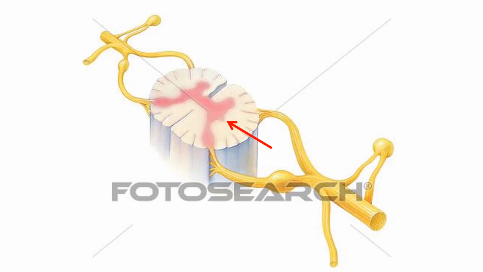The question now is: is this lateral horn present all along the spinal cord? The answer is no. It is present in all thoracic segments of the spinal cord, plus L1 and maybe L2. So this is part of the sympathetic part of the autonomic nervous system.